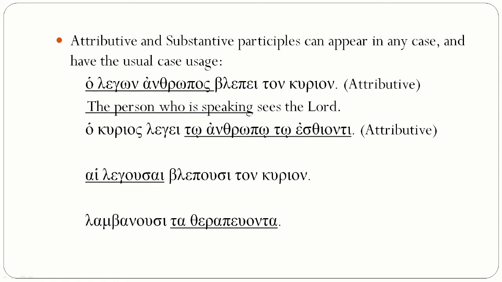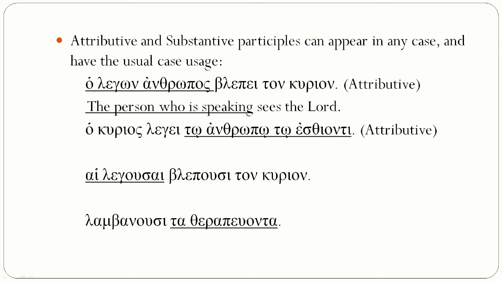So the translation of esthionti, again, is from I eat. So the person or the man who is eating is the participle phrase. But note this is a dative now. So dative is translated often to, by, or for.